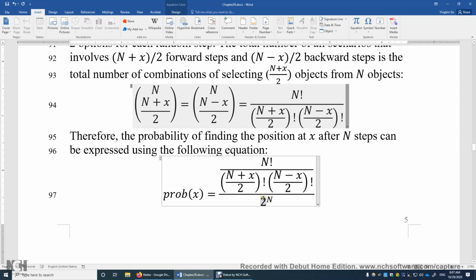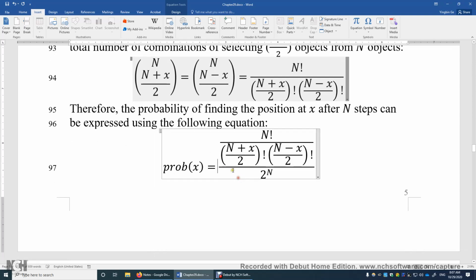So actually, 1 over 2 to the power of n is 0.5 to the power of m plus x over 2 times 0.5 to the power of m minus x over 2. So for each individual step, you have a 50% chance of moving forward and a 50% chance of moving backward. So really, we just need to evaluate this, and in the end, I'm going to prove this is approximately a Gaussian distribution.